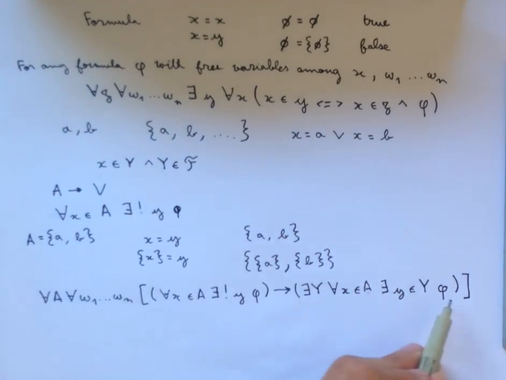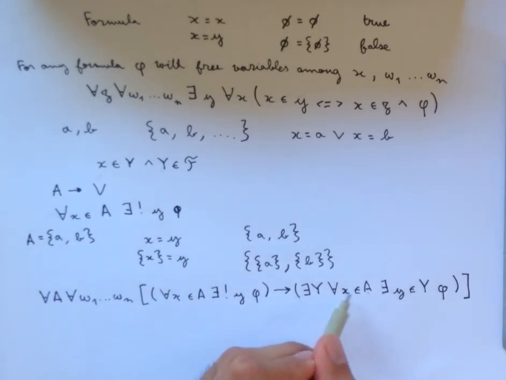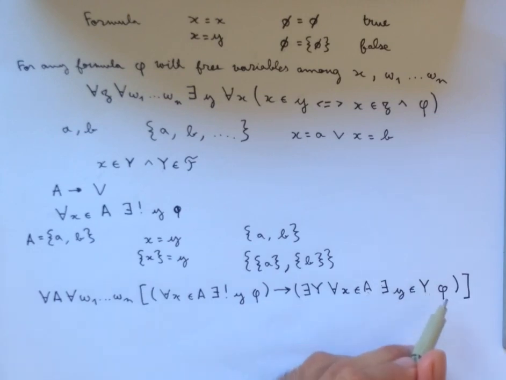And so this is the part that actually constructs the set that we want to make. The set is what we're calling big Y, and for every x in A, we have a little y in big Y that satisfies our formula.